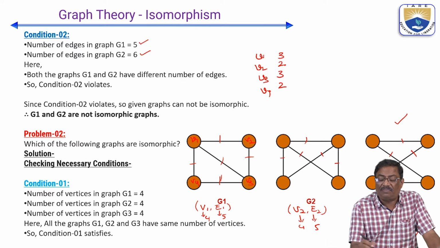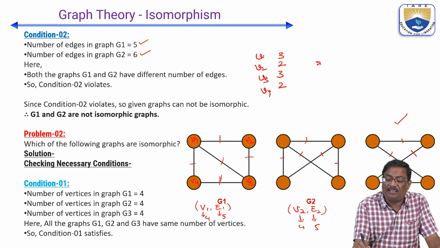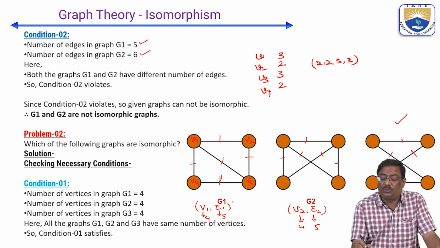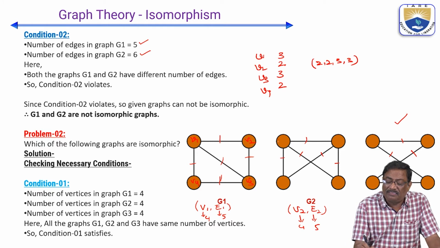So what is the degree sequence in ascending order? We represent this as 2, 2, 3, 3 for G1. And for G2, let us say these are U1, U2, U3 and U4. So what are U1, U2, U3, U4?